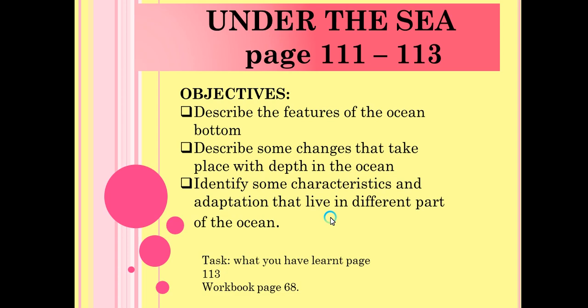This is talking about the animals, how they live there, their methods of adaptation, and why it is convenient for them to live there. And our task is what you have learned, page 113 and workbook page 68.